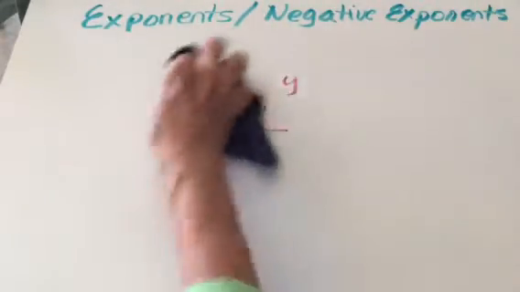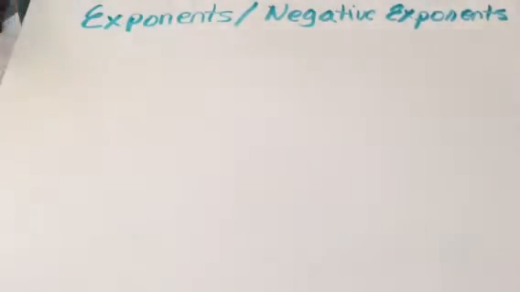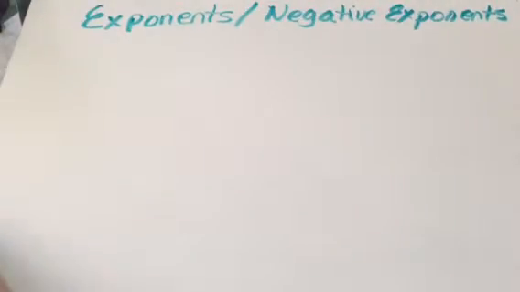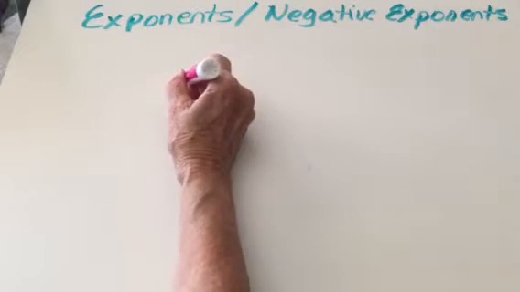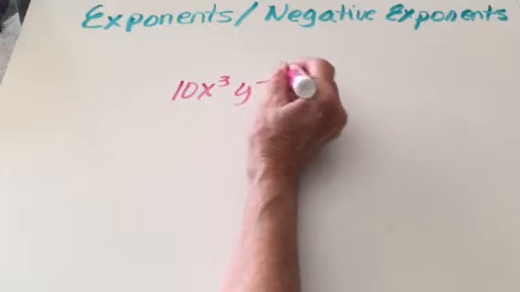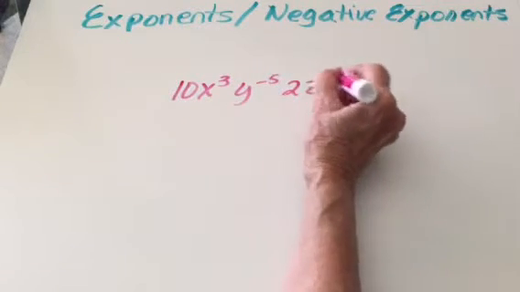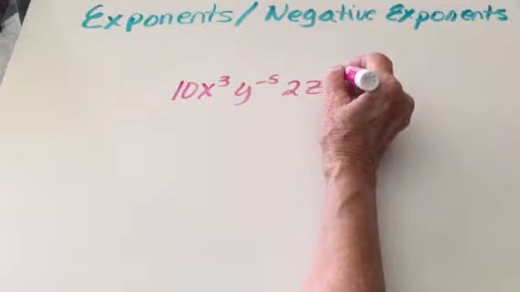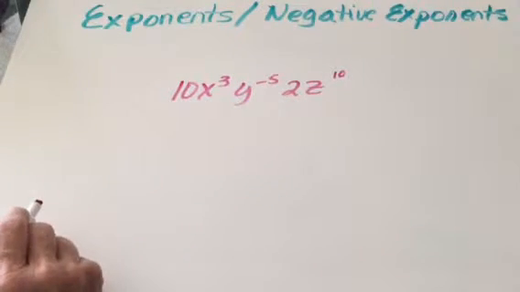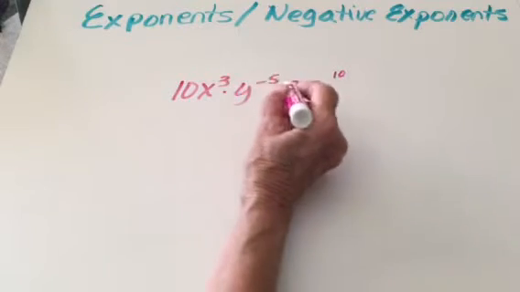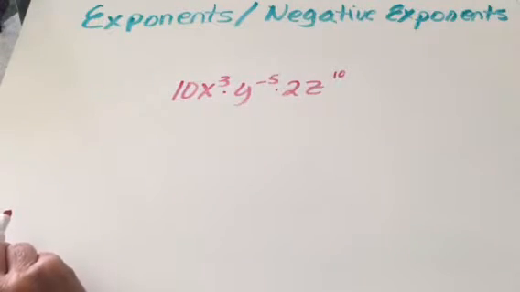Okay, let's do another one. Okay, 10x to the 3rd, y to the negative 5, 2z to the 10th power. What goes upstairs, what stays down? And these are all times in the middle, okay? So it's times that, times that.